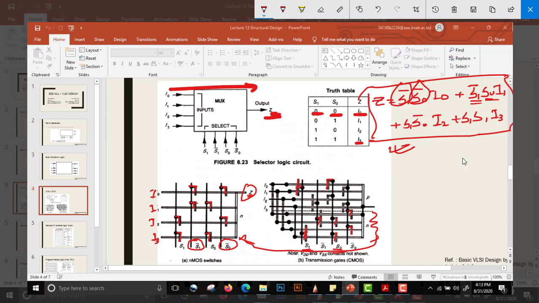Here we have I1, selected for S1 and for S0 bar. Similarly, I2 will be selected for S1 bar and S0. And I3 will be selected for S1 bar and S0 bar. So this is the transmission gate CMOS representation of the same mux circuit.